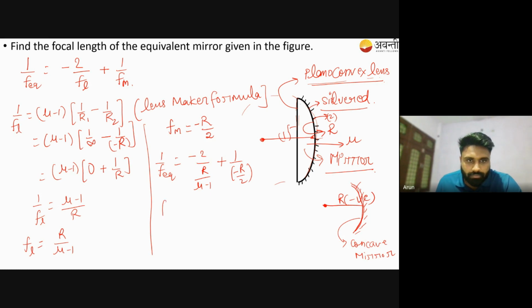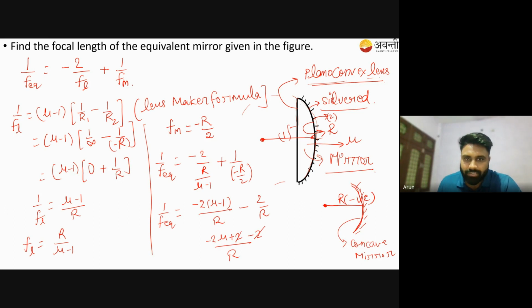So if you do the calculation, 1 upon F equivalent is equal to minus 2 times (mu minus 1) divided by R, minus 2 by R. Take R as the LCM. The upper part is minus 2 mu plus 2 minus 2. This 2 and 2 will get cancelled out.